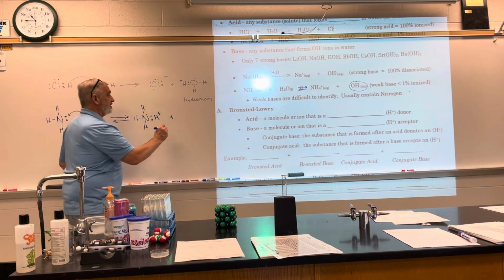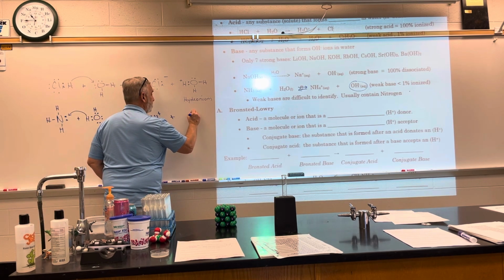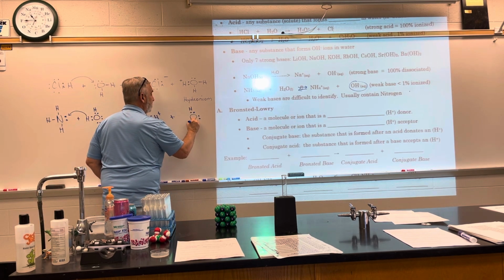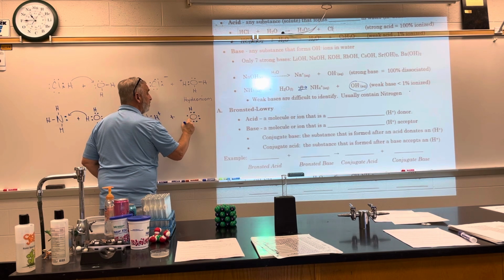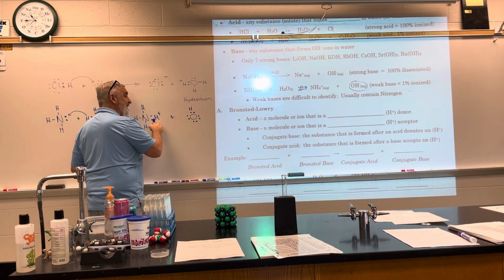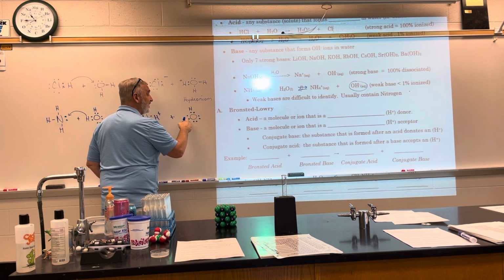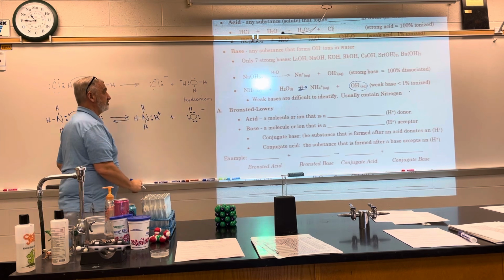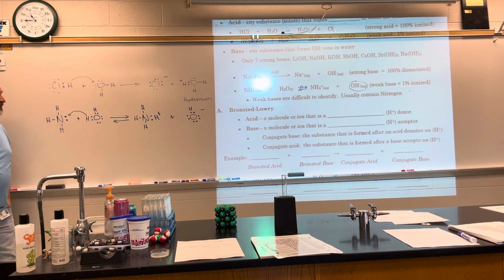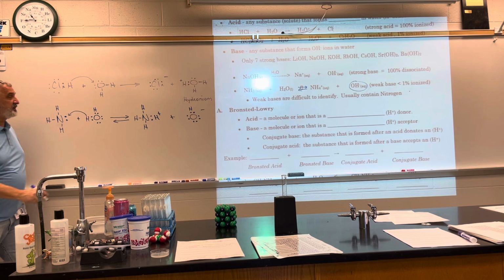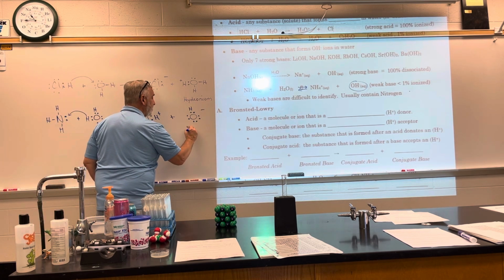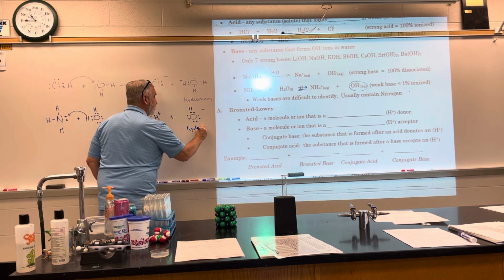An OH. That hydrogen stayed there, but now we have another lone pair, leaving the negative electron, so now that's minus. So we have an NH4+ and an OH-, but because it made this hydroxide ion, it's a base.